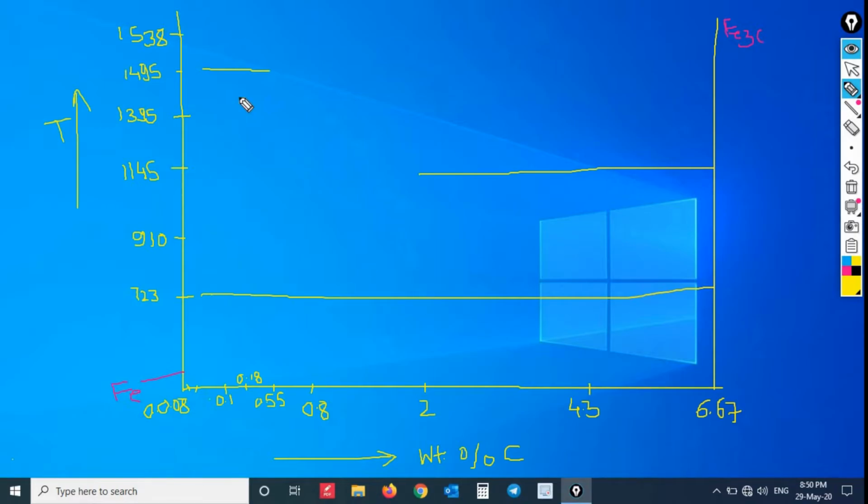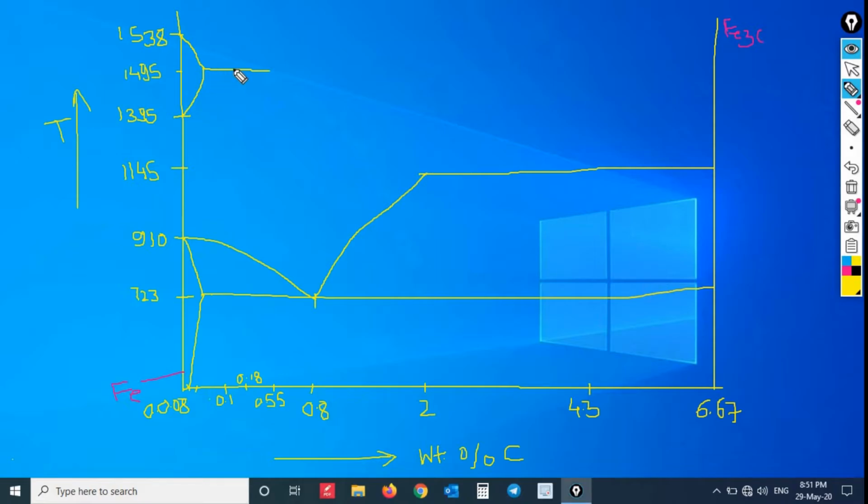Now we have to join these lines. Starting from here, we go upwards like this. First join 0.008 percent to 0.025 percent. Then join 910 degrees Celsius to here. Next, take this line and join here. Again take this line and join here. Next, take this line to here.